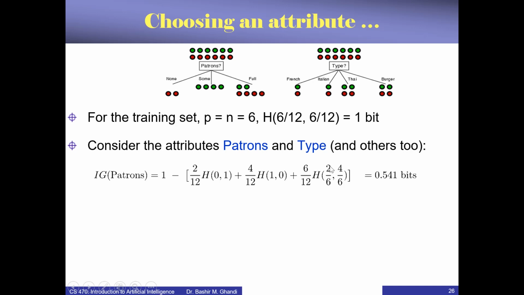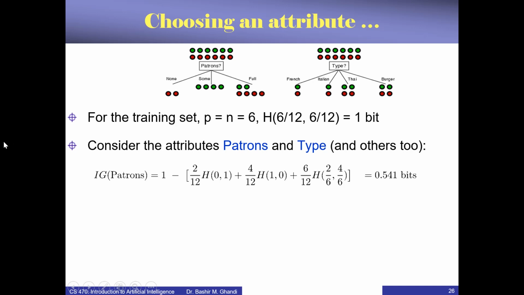Notice that this 2 is computed out of the total of full, not out of the total for that attribute, just the values. So 2 out of 6 are positive and 4 out of 6 are negative.